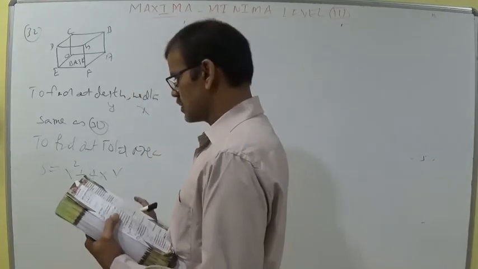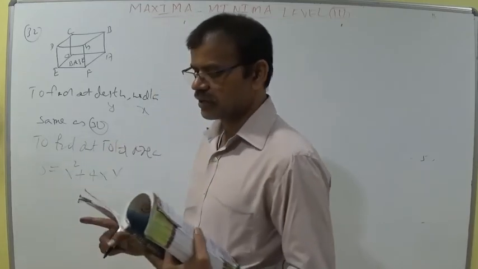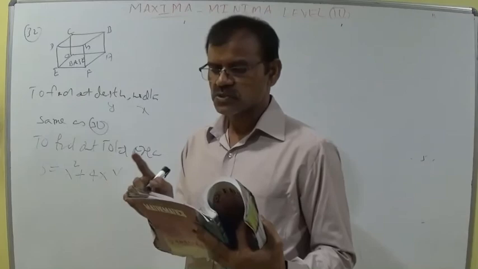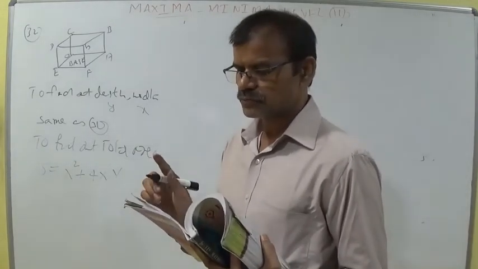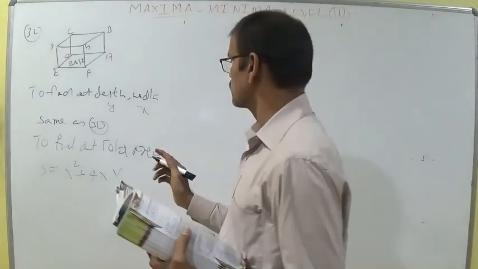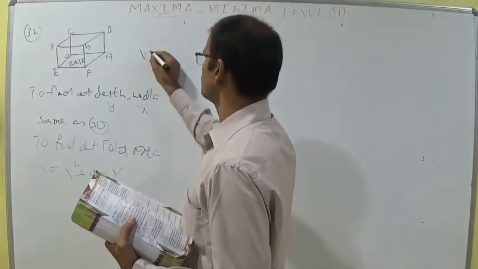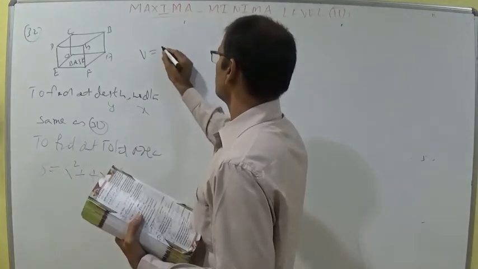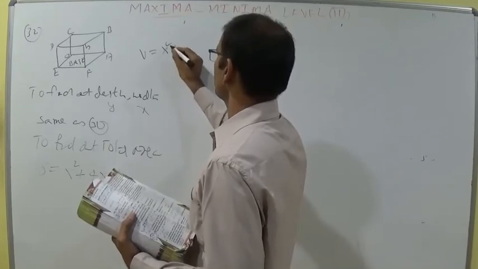He is saying it is least. So y and x only we thought. An open rectangular tank is constructed with a square base and vertical sides to hold a given capacity. So the data should be given. So the data V is equal to L B H, in the similar way x into x into y, that is x square y.